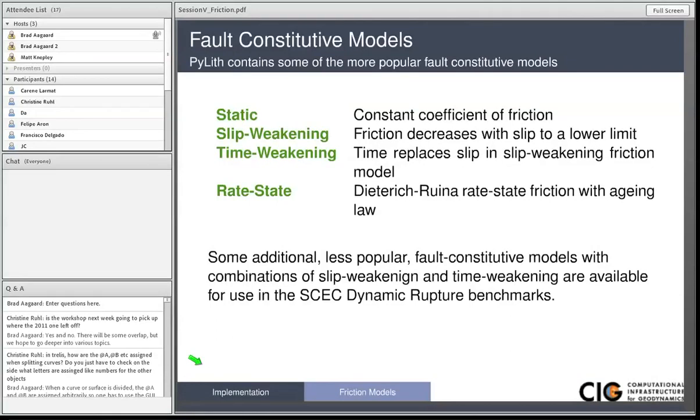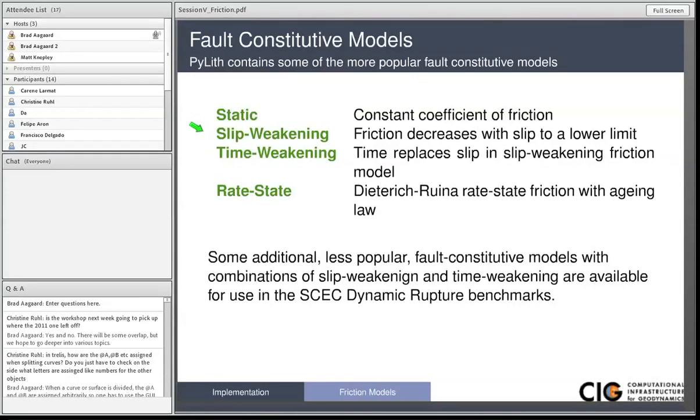So let's talk about fault constitutive models. Here are four of our main fault constitutive models. We have the static friction model. This is what you'd expect, a static coefficient of friction. We have a slip weakening friction model where the friction decreases with slip to a lower limit.